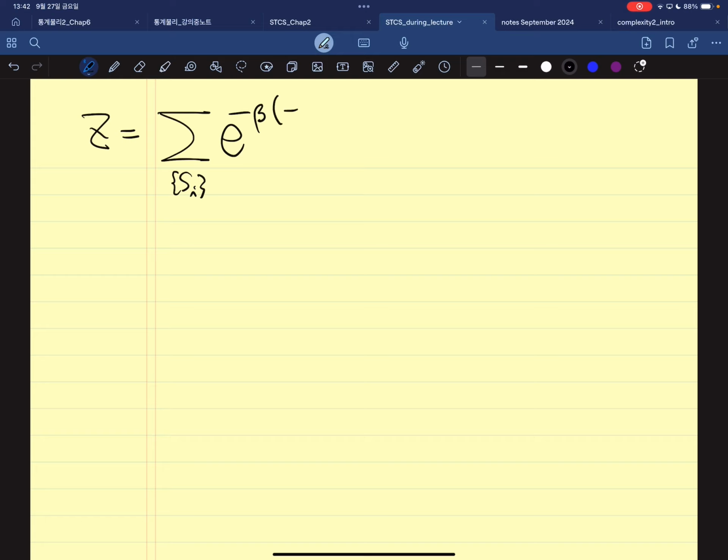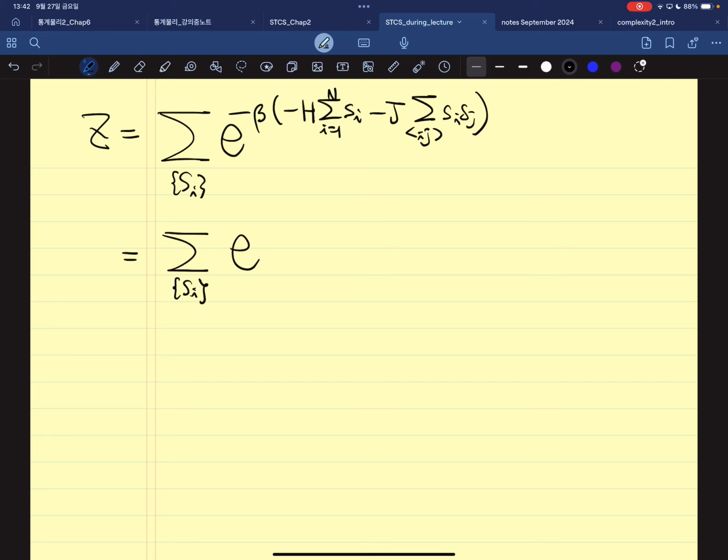So this energy term is, of course, minus H. If we explicitly write this down, we have plus beta H. Because this is an additional term in the exponential function, we can split this like this as well.